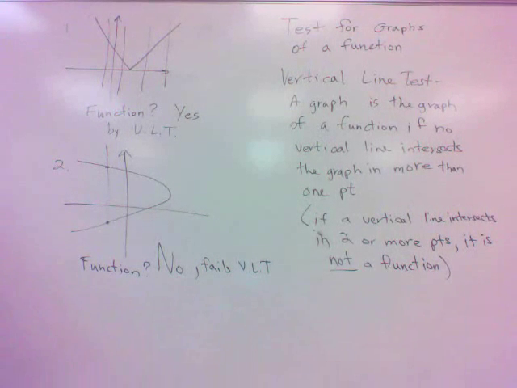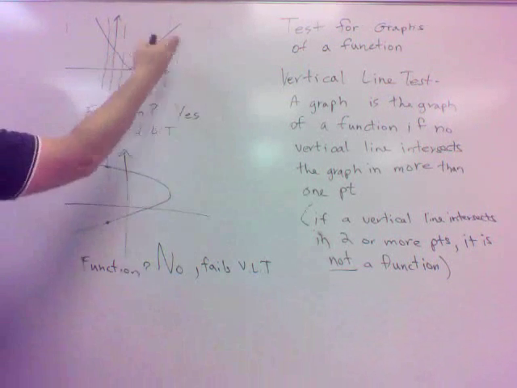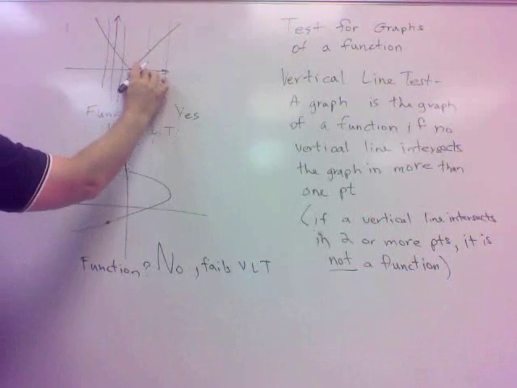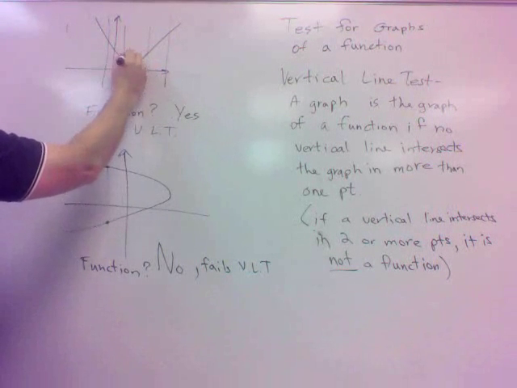Now, I will do another one here in just a second, but why does that work? Well, it's back to the definition. The definition of function says that for every x, you go to one y, which is the case for the two we've looked at. For example, this x right here goes to this one y value right there.